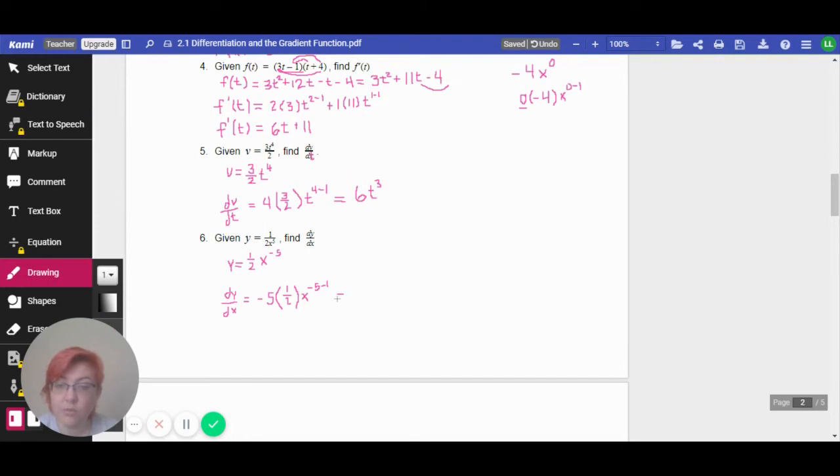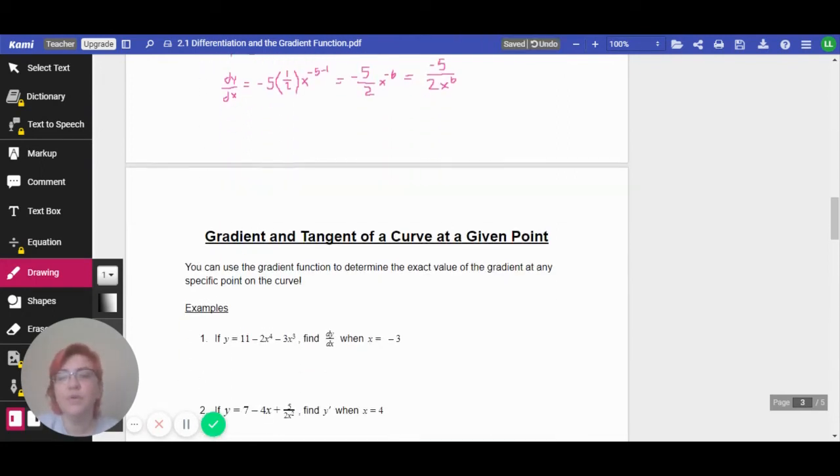And that is going to equal, -5 times 1/2 is -5 over 2, x, and that's -5 minus 1, that is -6. And if you want to put that back the way it was originally written, we're going to end up with -5 over 2x to the 6th. Okay, moving on.